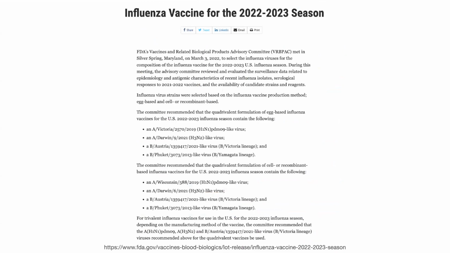I'll get more into how these are made, but basically they typically contain 4 different strains, so they're quadrivalent. These include 2 influenza A strains and 2 influenza B strains. So you have one H1N1, one H3N2, and then a couple of influenza B strains.